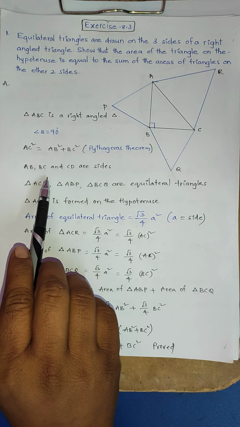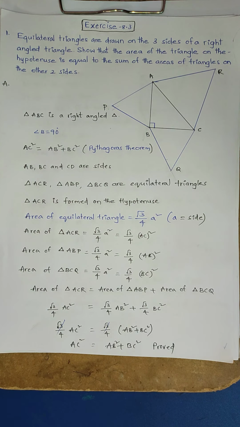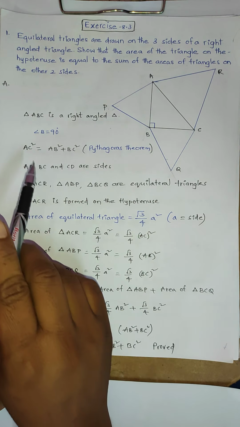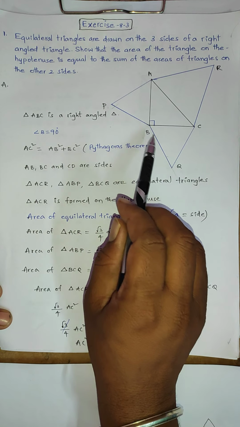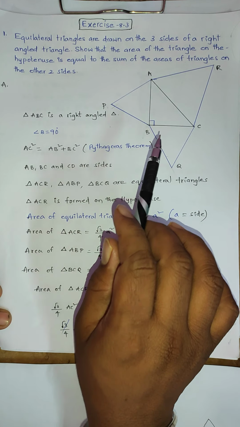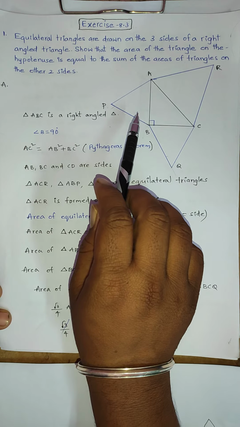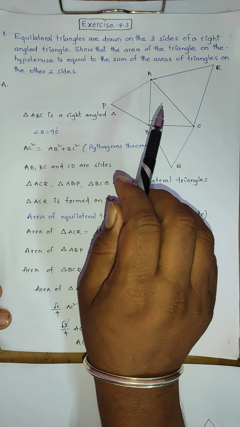Now AB, BC, AC are the sides of this right angle triangle. With these sides, we need to draw equilateral triangles.